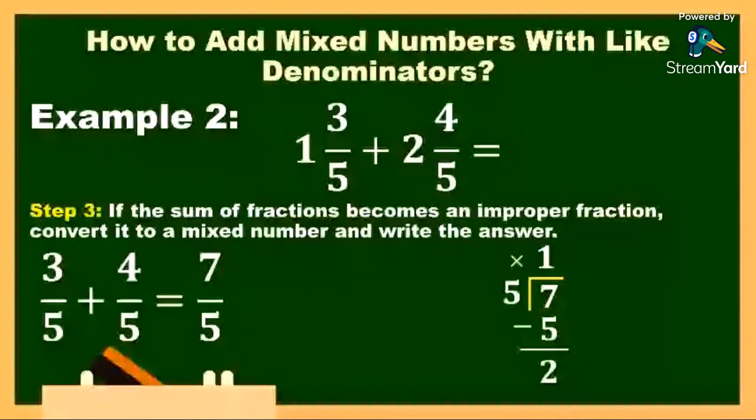And to convert 7 over 5 into a mixed number, the quotient 1 will be our whole number and the remainder 2 will be the numerator. And just affix or copy the denominator, which is 5. Therefore, 7 over 5 is equal to 1 and 2 over 5.